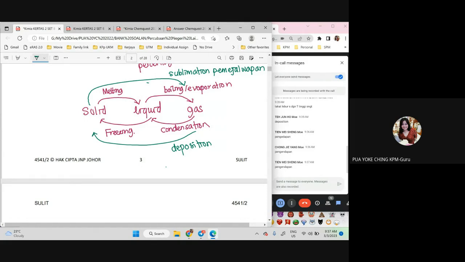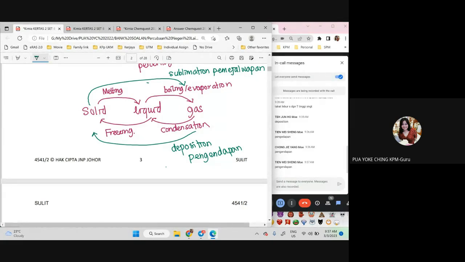Okay, E-N lah. E-N-D-A-P-A-N. Pengendapan. Sebab kalau pengenapan, N-A-P-A-N, meaning dia lain. Pemendapan pun meaningnya lain.